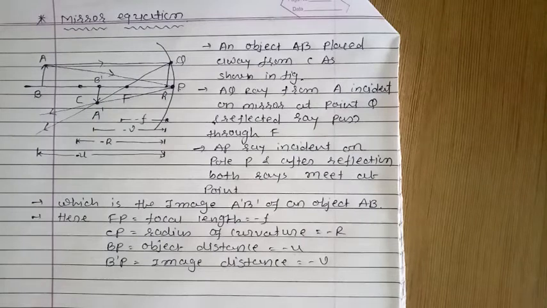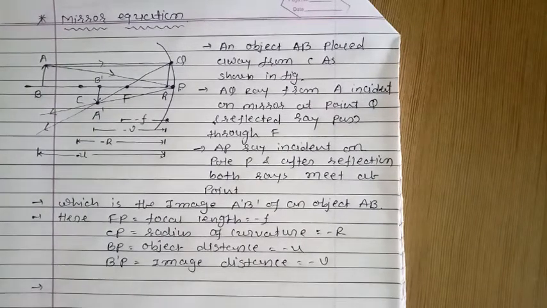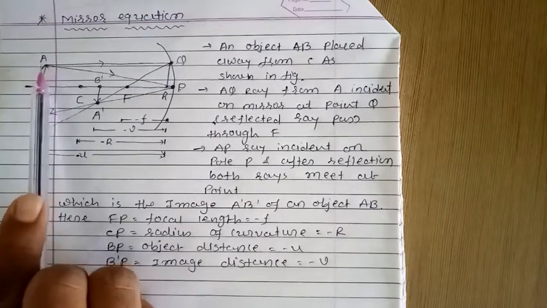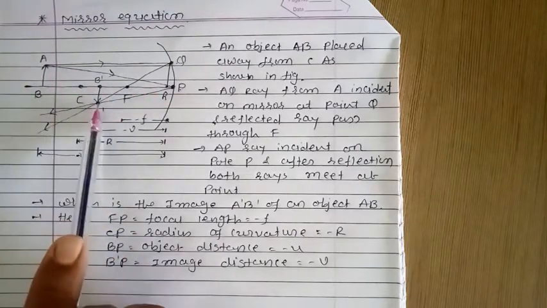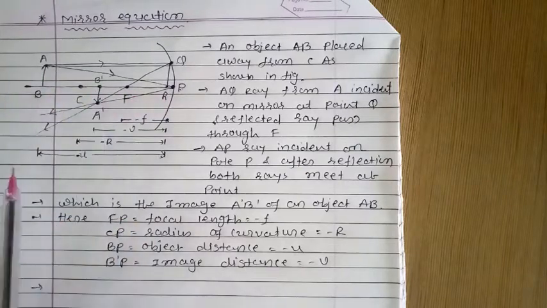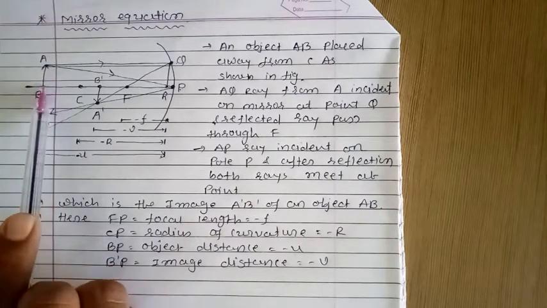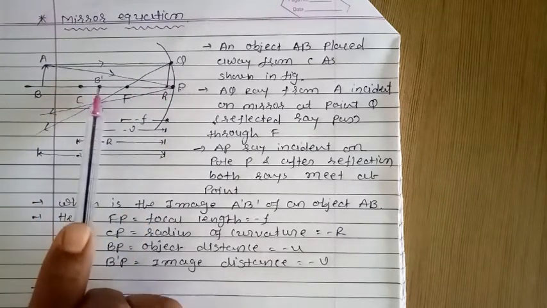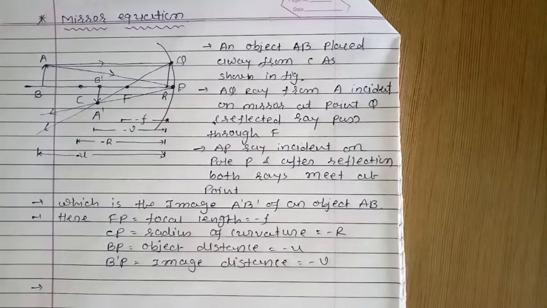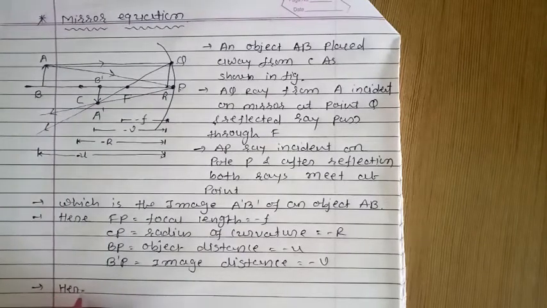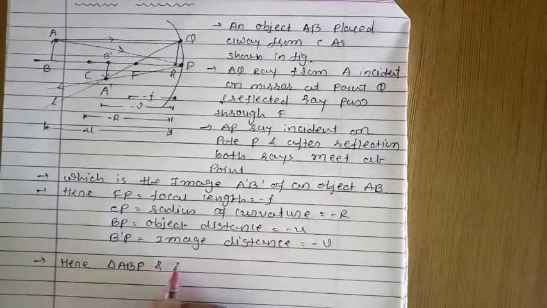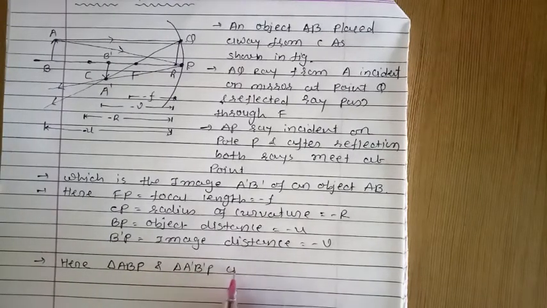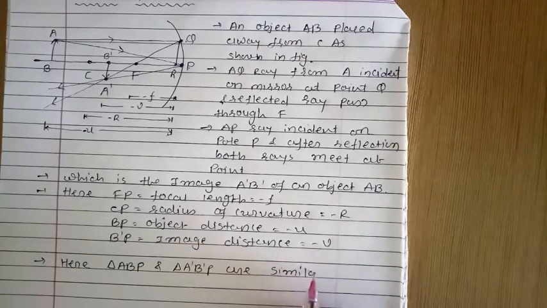So here, as per the geometry, we can say that triangle ABP and triangle A dash B dash P are similar triangles. I repeat the sentence: as per geometry, triangle ABP and triangle A dash B dash P are similar.